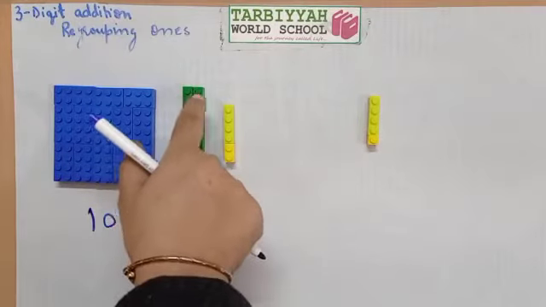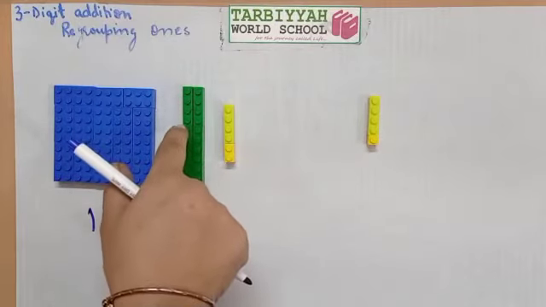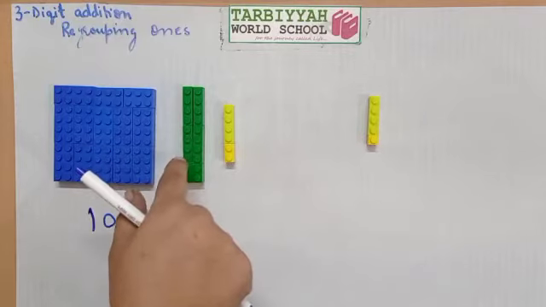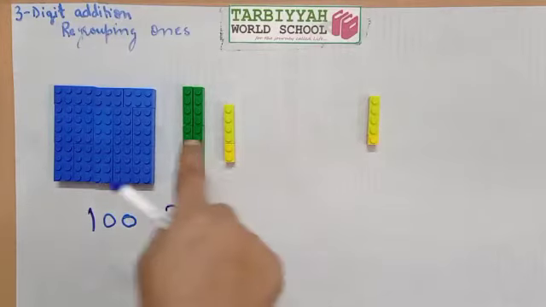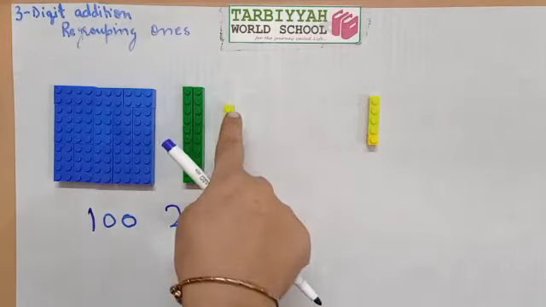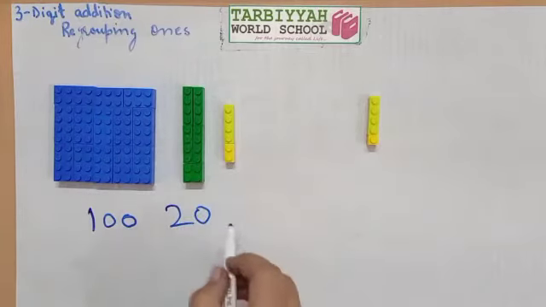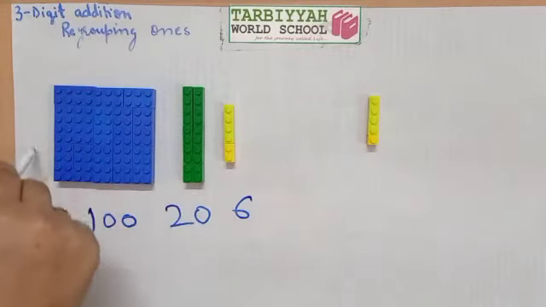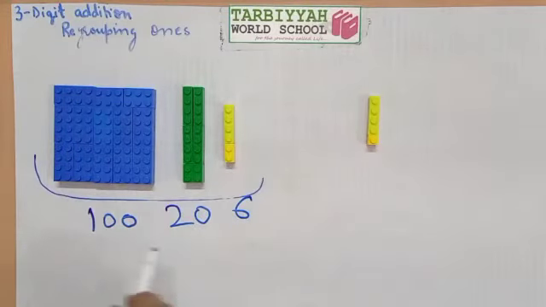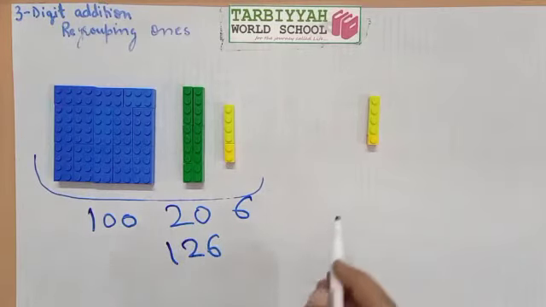And I have 20 of these green blocks and 6 of yellow color. So if I ask the total blocks I have, I have 126 blocks.